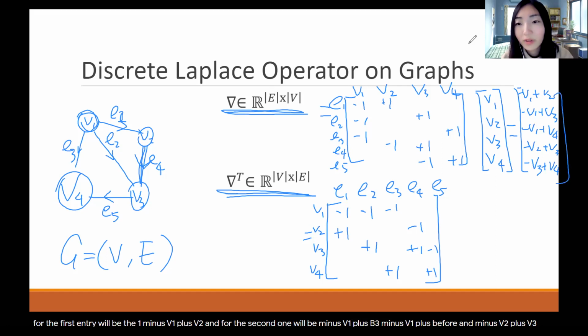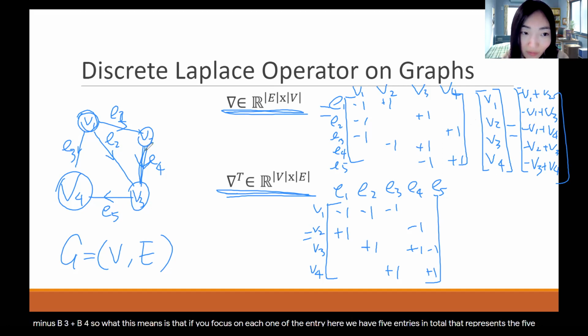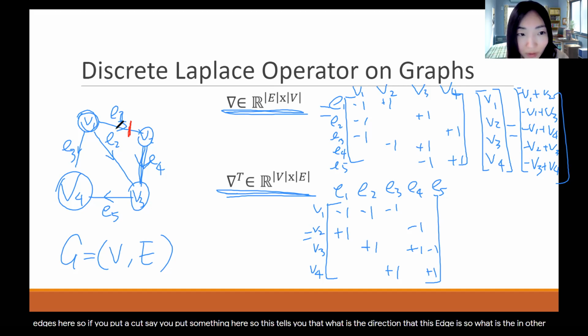What this means is that if you focus on each one of the entries here, we have 5 entries in total. That represents the 5 edges here. If you put a cut on an edge, this tells you the direction of this edge. In other words, what is the gradient of this edge?